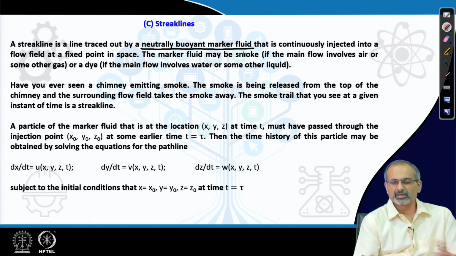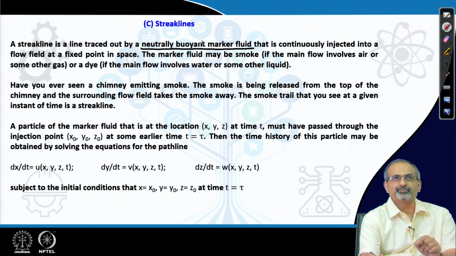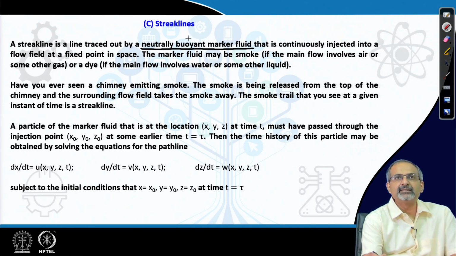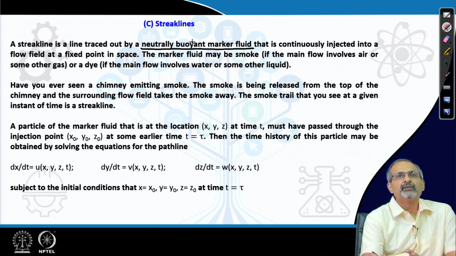What do we mean by neutrally buoyant? We mean that though the marker fluid is separate from the mother fluid in which it is being injected, the densities are identical. Therefore, there is no buoyancy effect that works on the marker fluid. It is just carried from one region to the other along with the velocity field of the mother fluid.